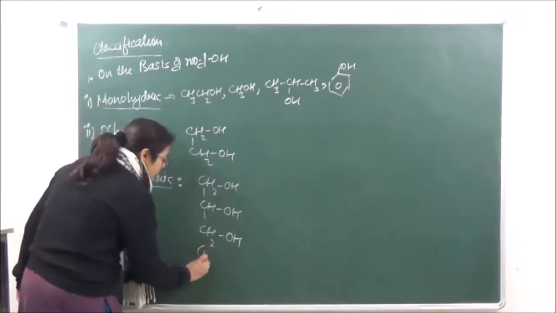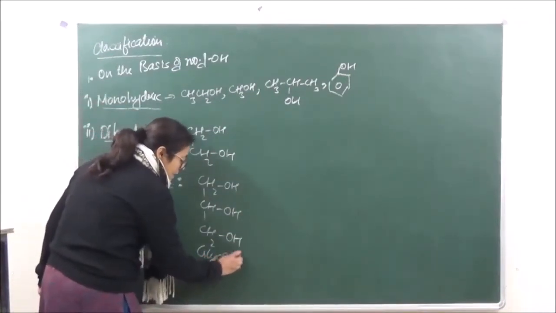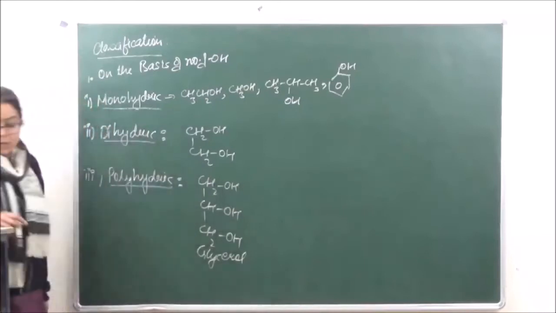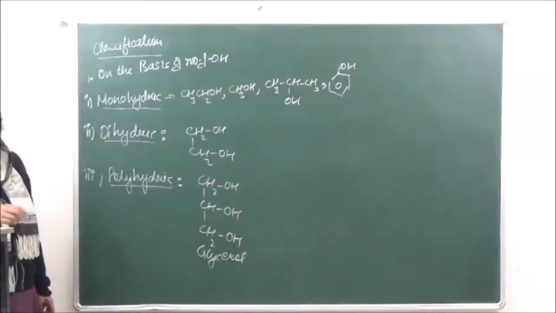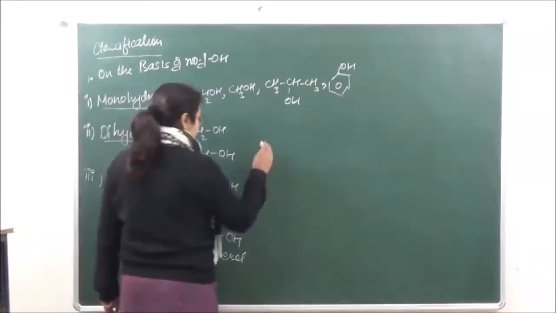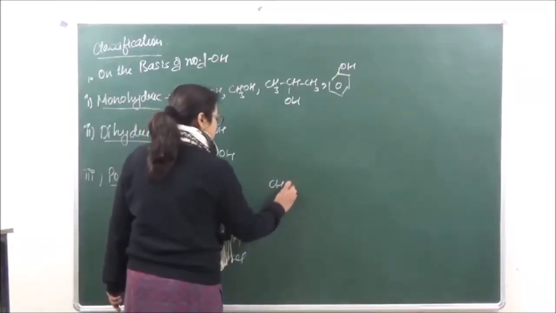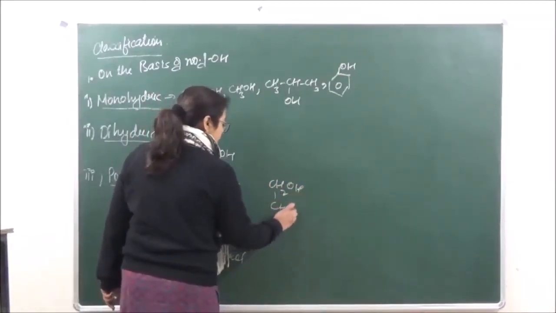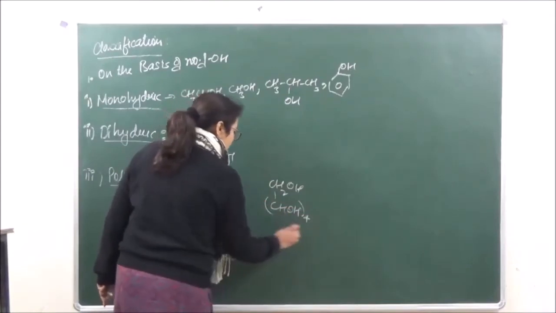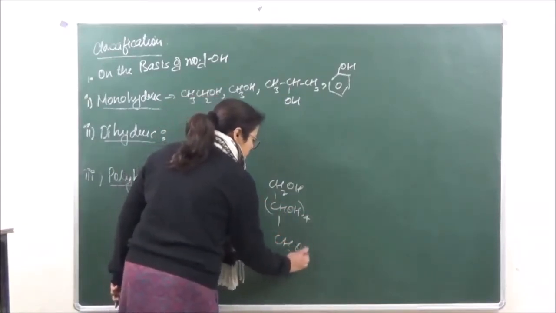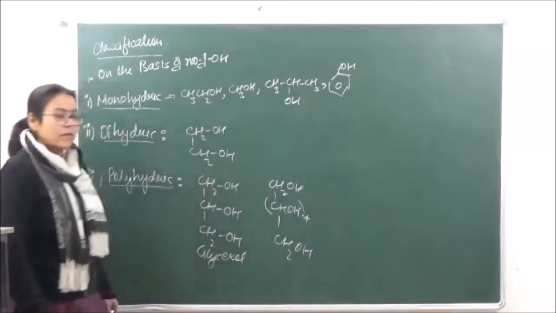There are 3 groups present, and if there are more than 3 present, an example we can take over here has 6 hydroxy groups.